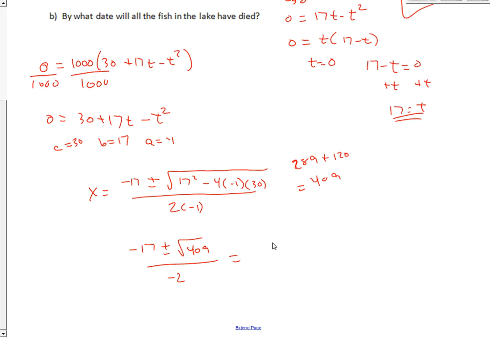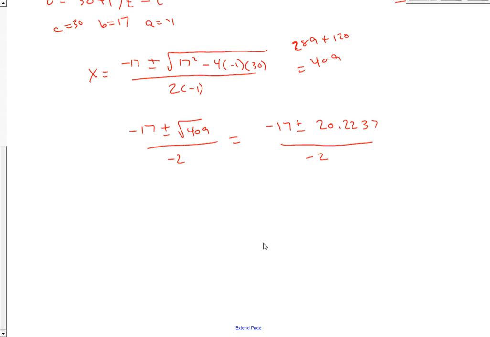The square root of 409 is 20.2237. And that's over negative 2. Now, the reason I'm converting that to a decimal is because I need to figure out what date, how many years have passed. So having a simplified radical is not going to help me understand that information.